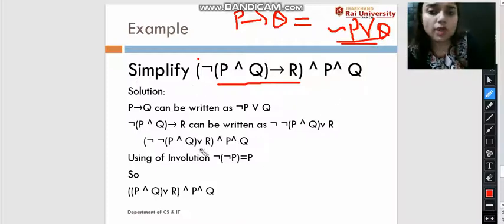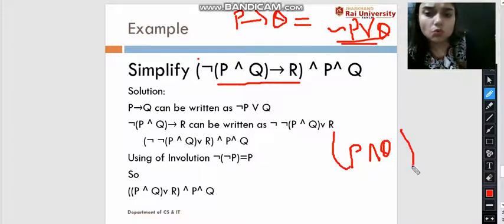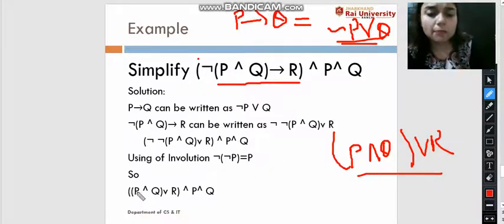Now the whole formula can be written as negation of (negation of (P and Q) or R) and P and Q. Now, using the law of involution, which states that negation of negation of P is always P, we can simply write P and Q or R, and the rest we write as it is, and P and Q.